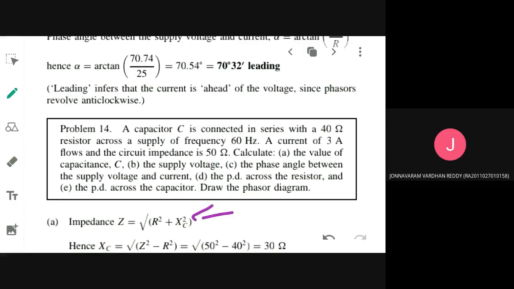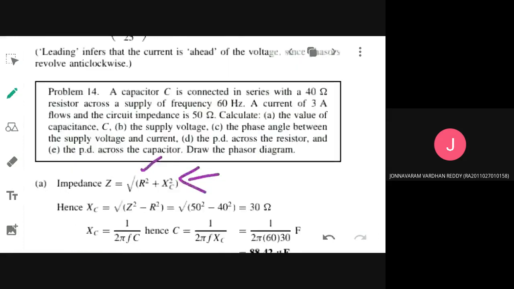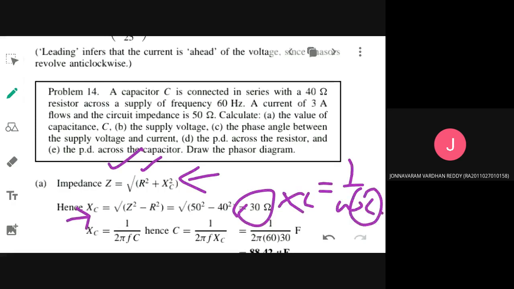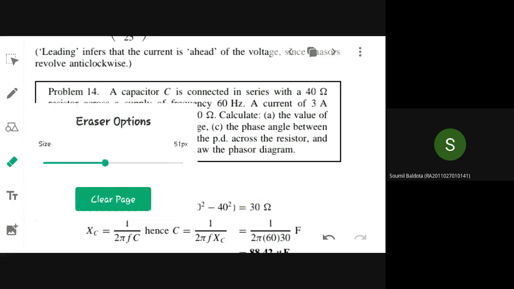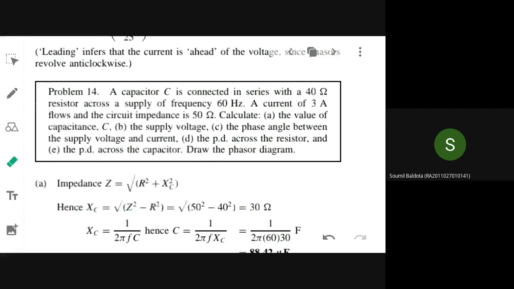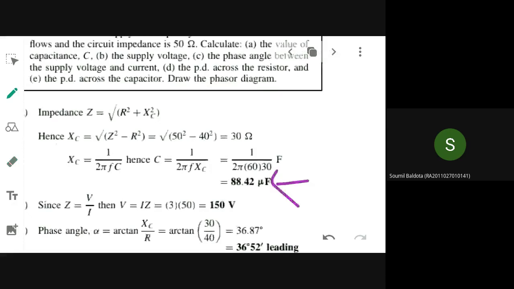So you know what is R, you know what is Z, so finding out XC, XC is 30. So this is equivalent to 1 by omega C. C is being asked, so cross multiply and tell me what is C. 88.42 microfarad. First subdivision is over.